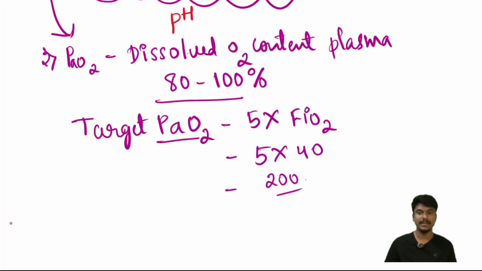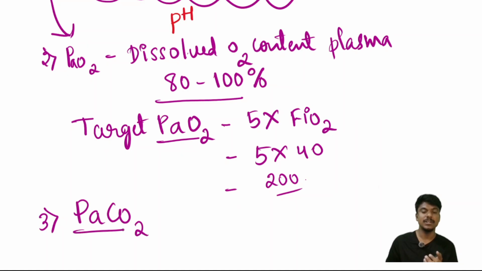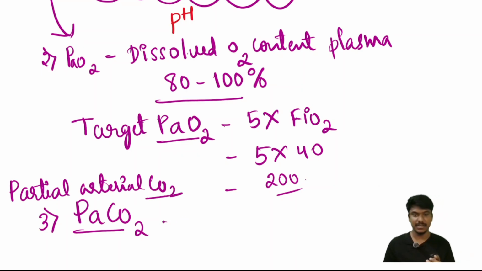We are talking about the basics of ABG. We got to know the normal pH is 7.34 to 7.43, and the normal PO2, the dissolved O2 content in plasma, is 80 to 100. Now the third parameter is PaCO2, the partial arterial carbon dioxide level.